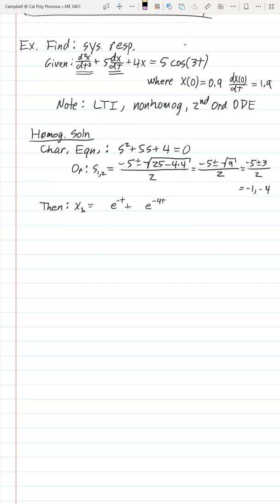There we go. And then dropping in our arbitrary constants, we get a c prime and a c double prime. So going ahead and doing a quick check, we get dxh dt is clearly equal to -c prime e to the -t. Actually, we need a negative sign.